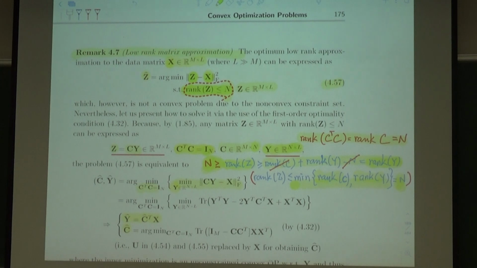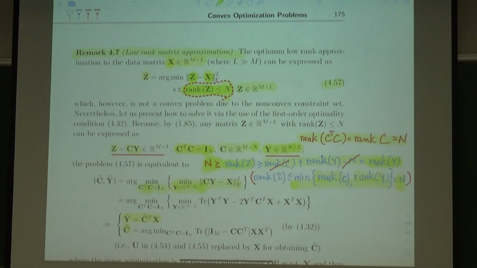But this is a new variable C, with C transpose C equal to identity, semi-unitary, and this is the problem we can solve. We have an inner layer and an outer layer, with two variables, capital C and capital Y. The inner layer is unconstrained, so in minimization, fine. This is the inner minimization.